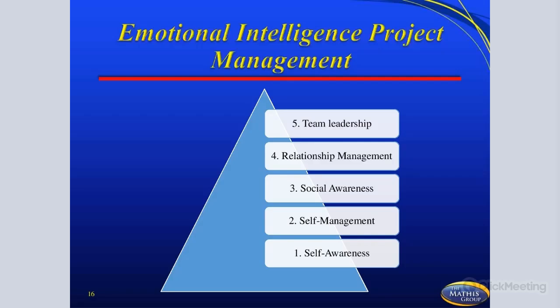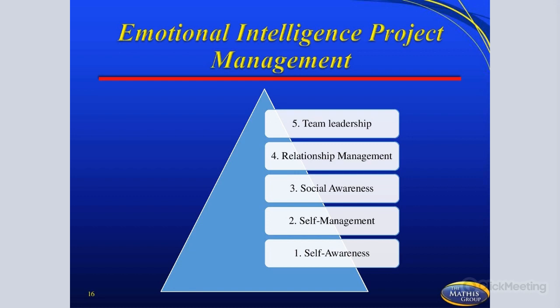Now, let me show you something else here. This is what I was going to show you. Emotional intelligence will work on five main areas. These are the five main areas that emotional intelligence focuses on, okay? It focuses on self-awareness, self-management, social awareness, relationship management, and team leadership.